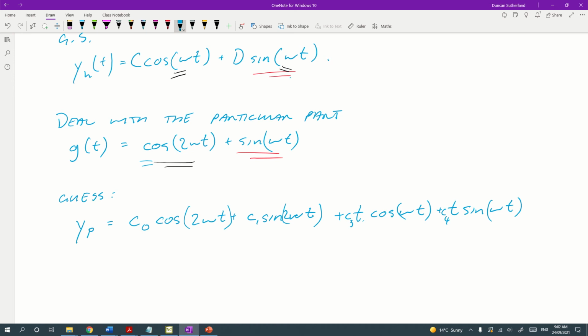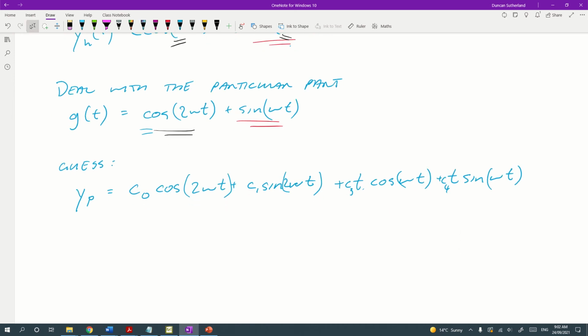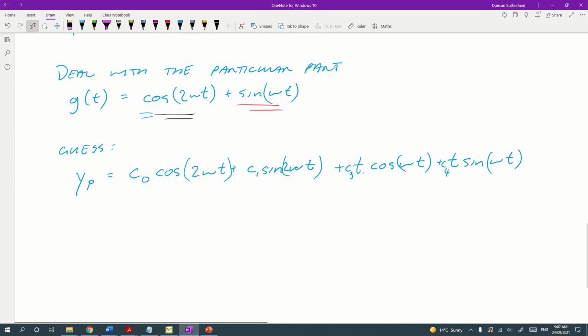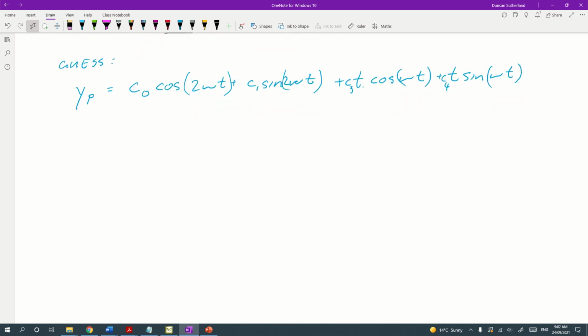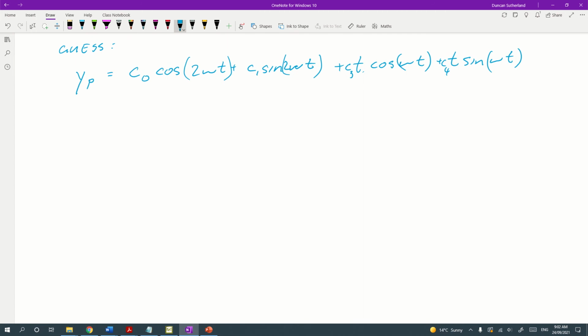Note that it's all just added up, and we're now going to have to differentiate this thing and stick it into our equation. So differentiating y_p is a bit of a nuisance because it's long and we've got some product rules to do.